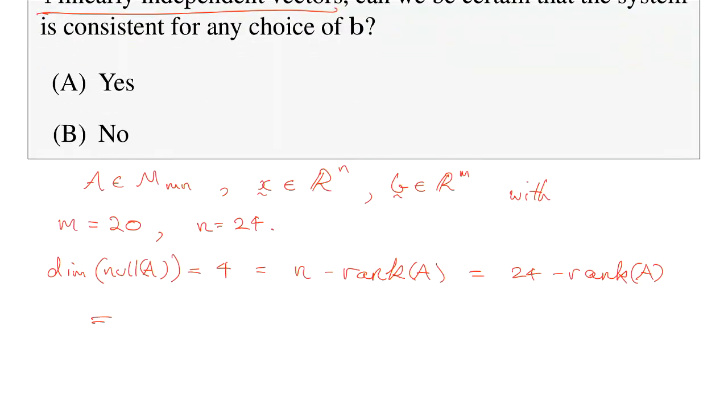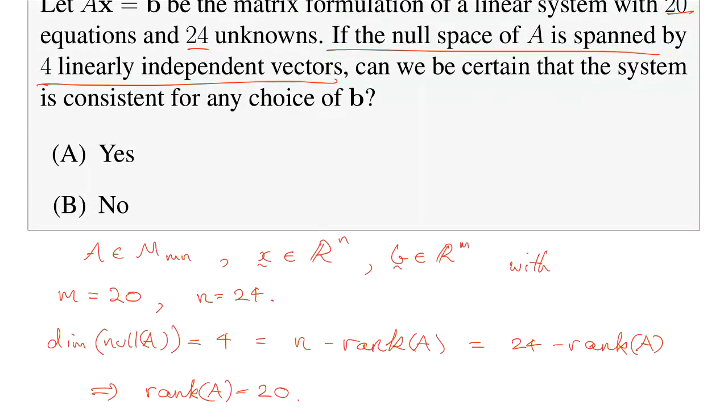So the rank is 20. Okay, so now, do we think the system's always consistent, now that we know the rank's 20? Just knowing the size of your matrix and the nullity is enough to tell you the rank.